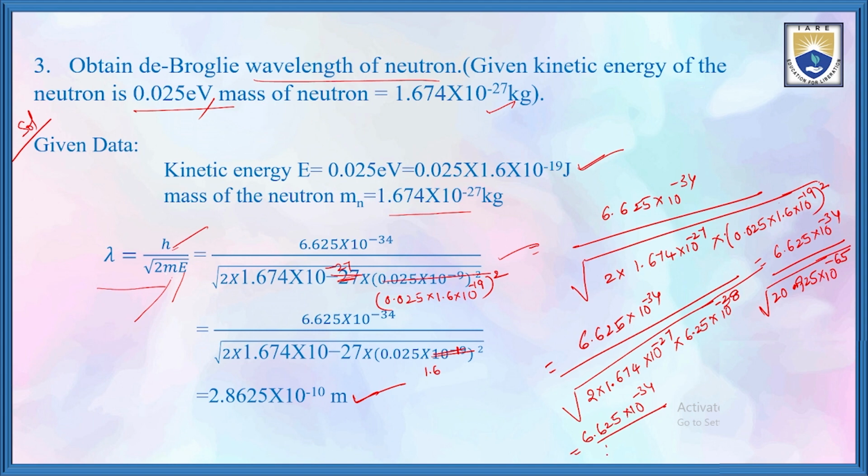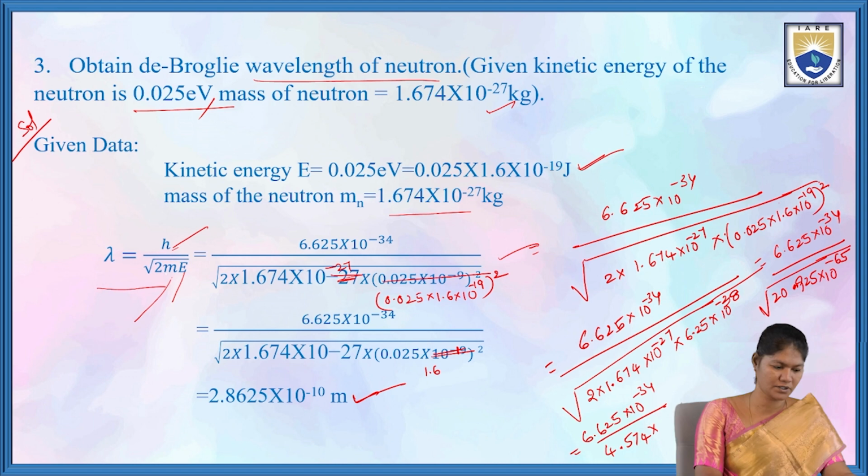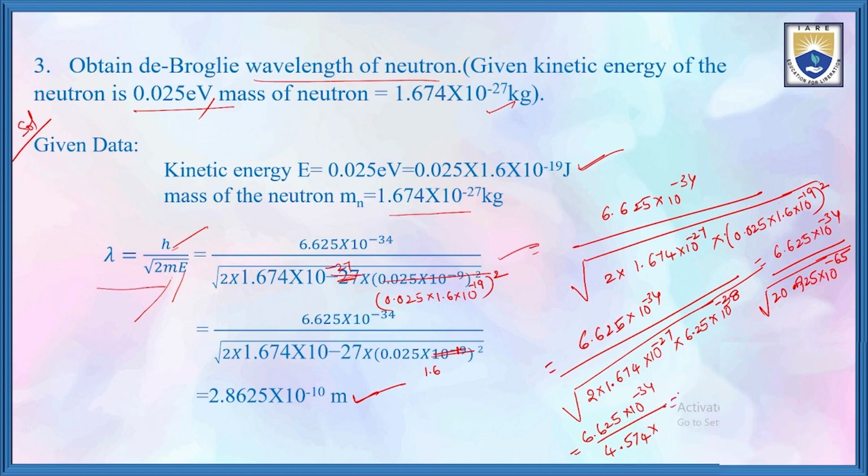So 4.574 into, which we got, root of this value 20.925 into... so the value is 1.4465 into 10 power minus 32.